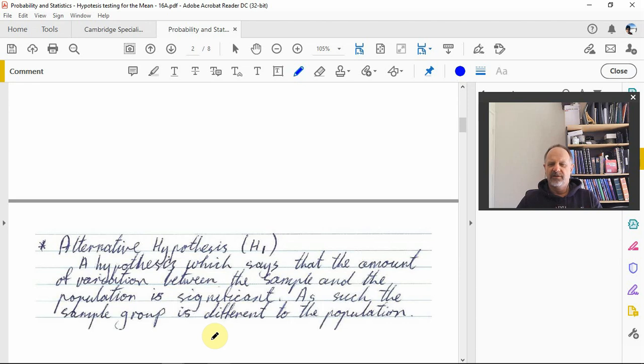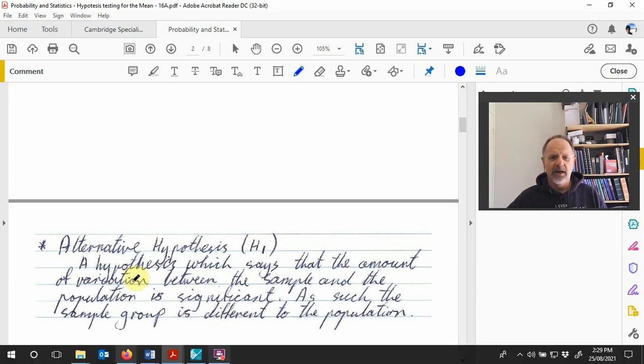So when we do the statistics, we have to have a statistical difference that's significant. We've looked at those margins of error and confidence; for our alternative hypothesis, it's got to be outside of that to be true.